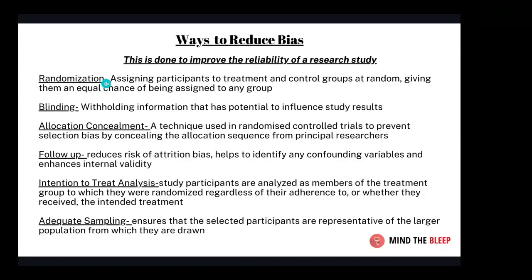Randomization is what I was covering before: assigning participants to treatment and control groups at random, giving them an equal chance of being assigned to either group. Blinding is when you withhold information that could potentially influence study results.